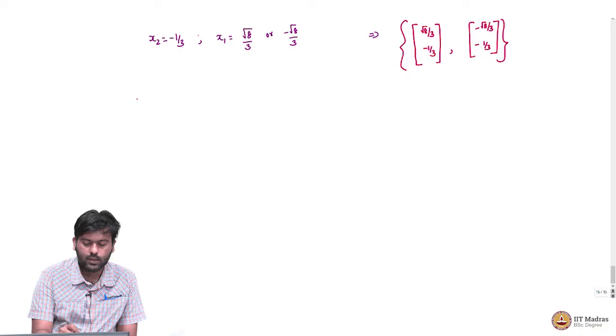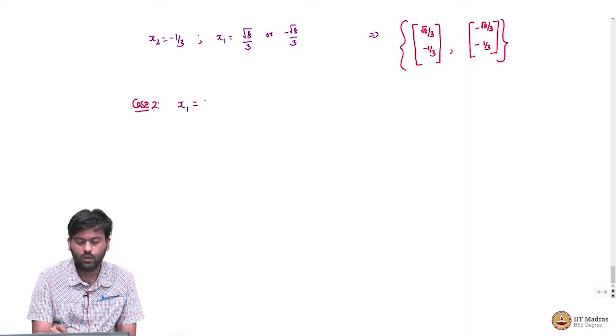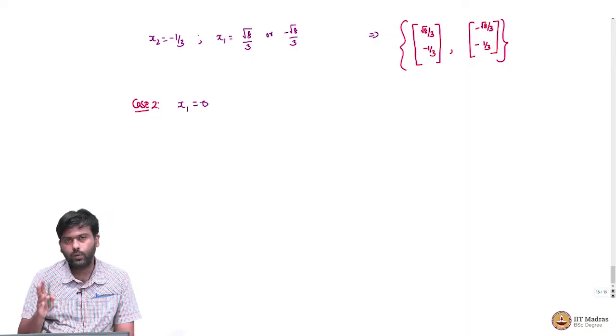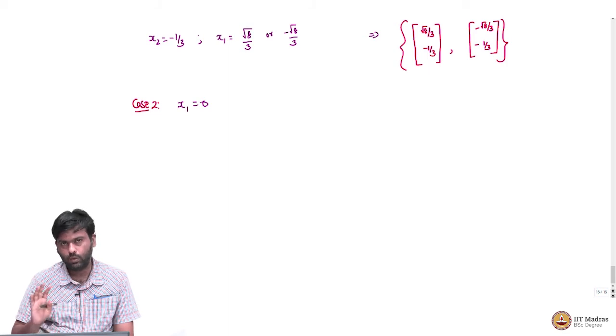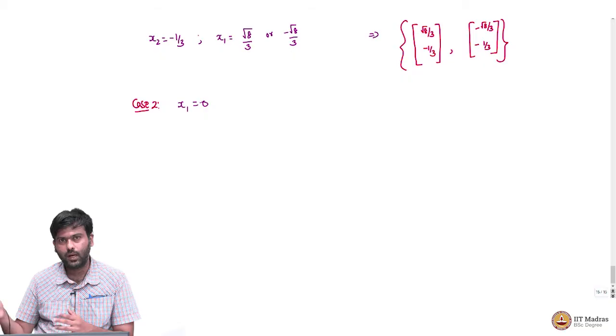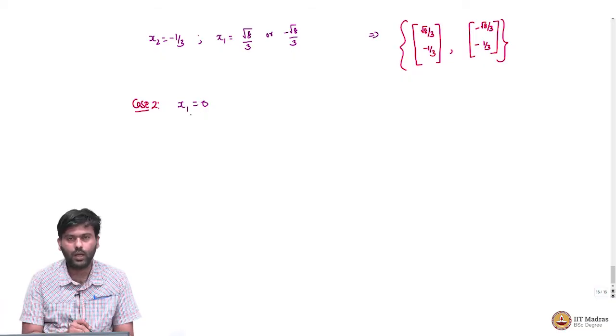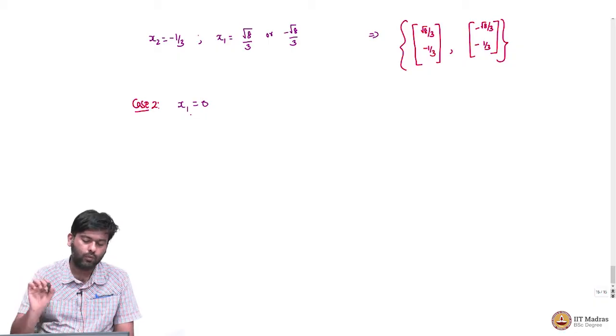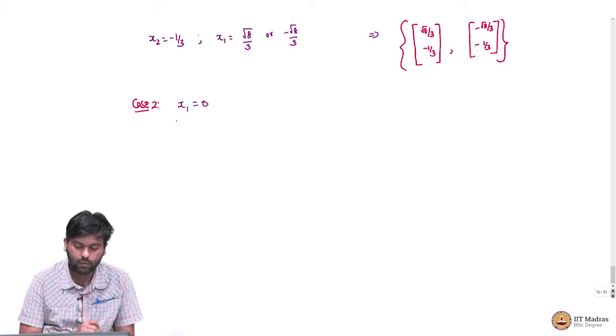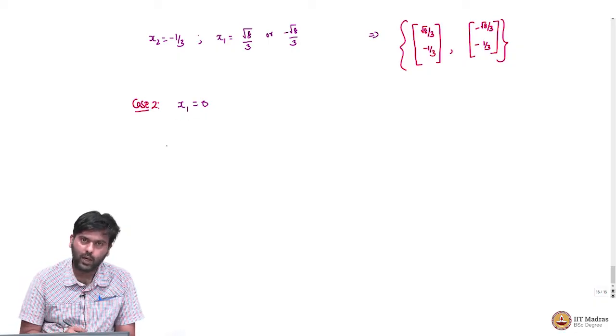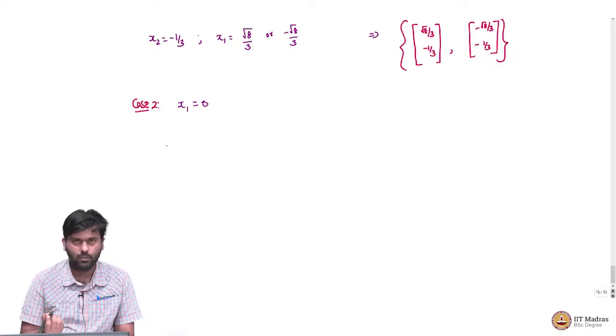The other case is, it could so happen that x1 was 0. Right. So there are two cases that we got from the first equation. 2x1 times 1 plus lambda is 0 was the equation, and that can either be satisfied if x1 is 0 or if lambda is minus 1. We have already looked at the case where lambda is minus 1. Now if x1 is 0, how do I get x2? Well, now we look at the feasibility equation, right.